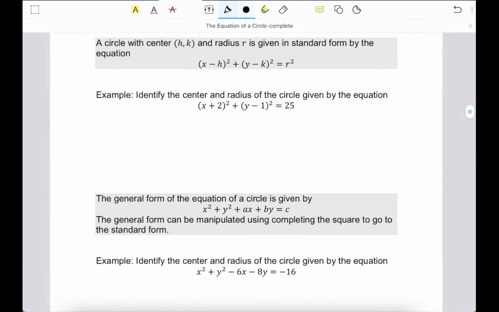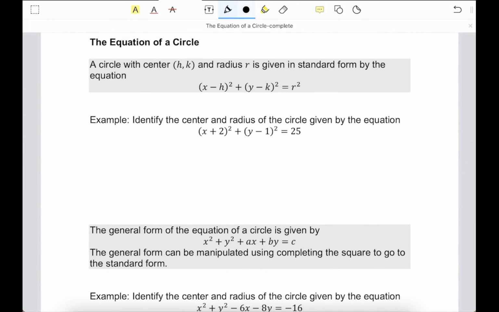When we look at examples, like this one here, we have x plus 2, that's the same as x minus negative 2 squared, plus y minus 1 squared, and 25 is the same as 5 squared.